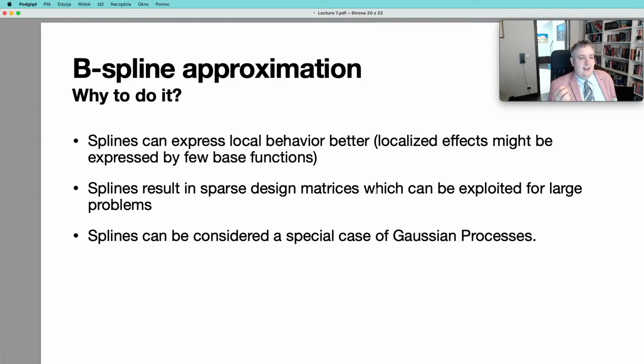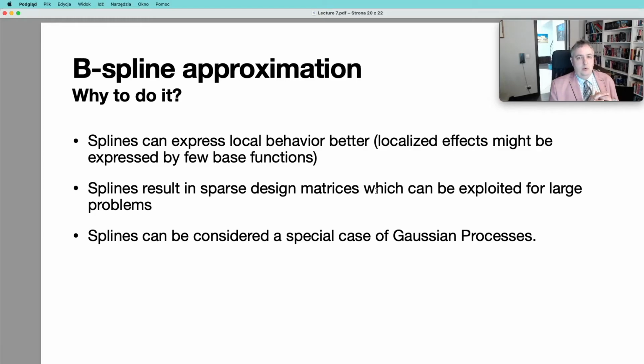Design matrices are generally sparse because the columns of the design matrix will be defined for the entire interval under consideration, but they are non-zero only on limited parts. So you get a sparse design matrix, which can be exploited if you have a large problem with a lot of data points.